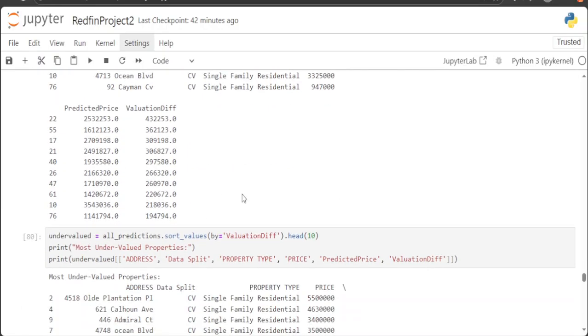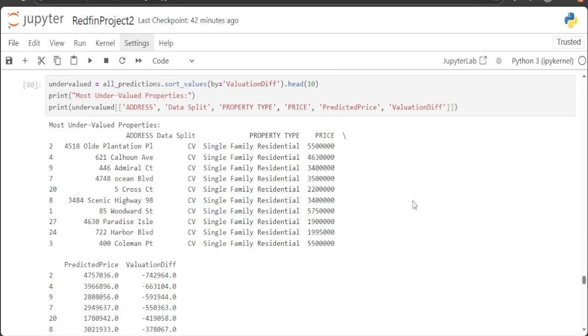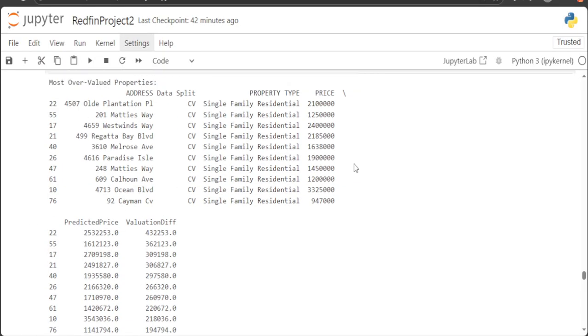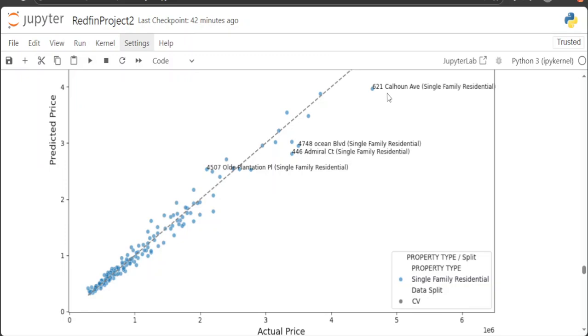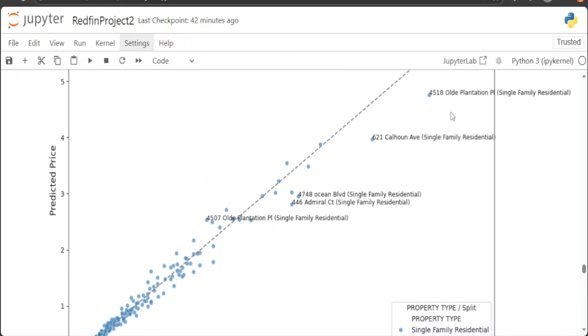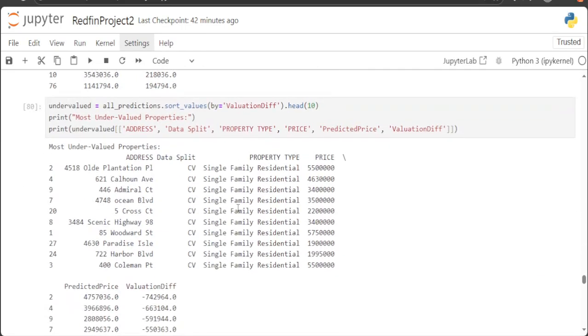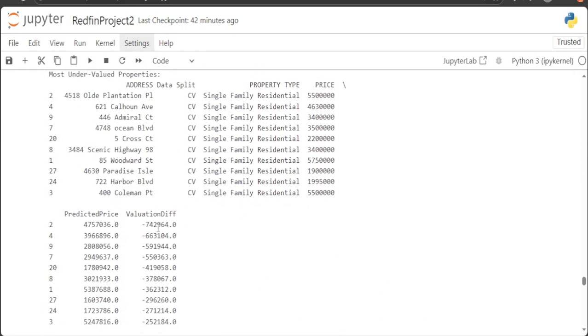And we can see here, we go to the undervalued. We had four of them. Old Plantation Place, four of them showed up here, Calhoun, Plantation Place. We just have to remember these are high valued properties that we're dealing with.